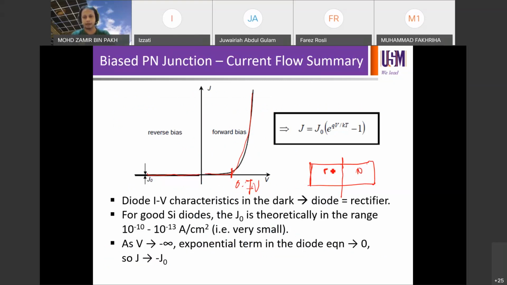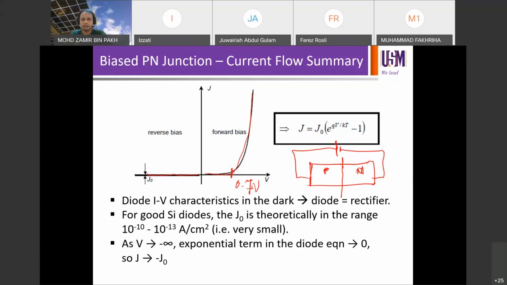You then have to supply enough voltage with the right polarity, bigger than 0.7, in order to induce the carriers to flow across the junction.